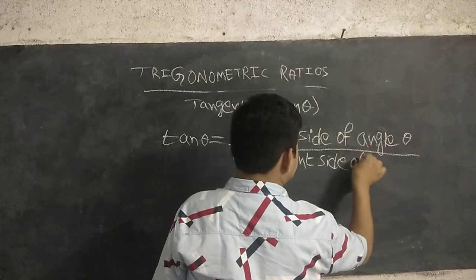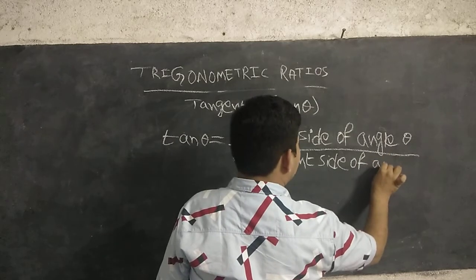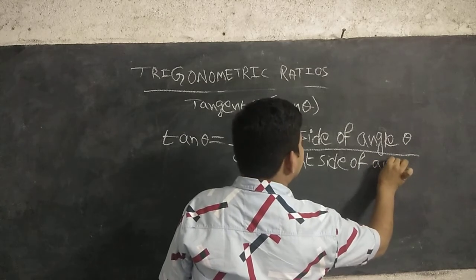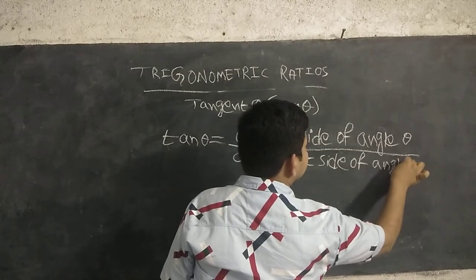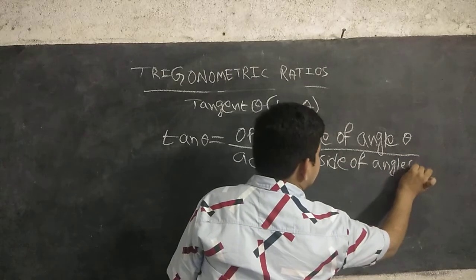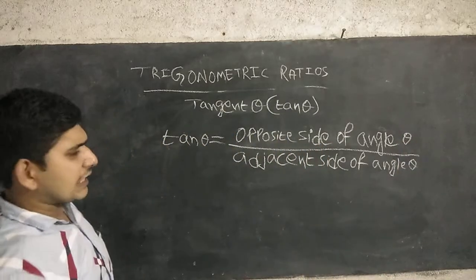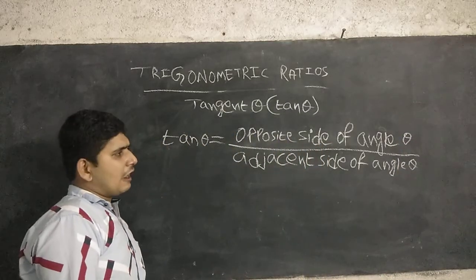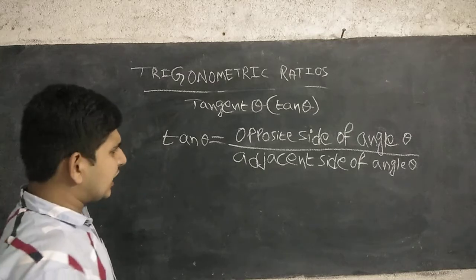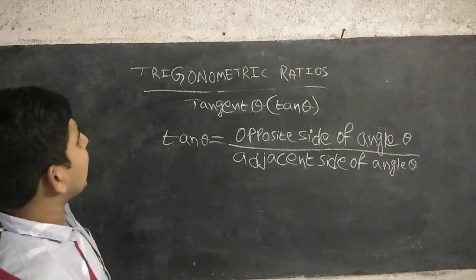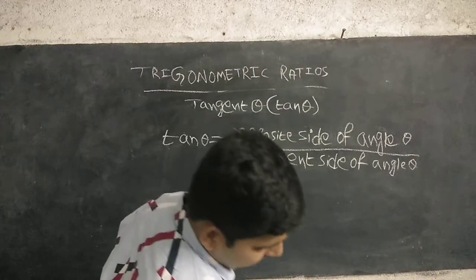Simple. Opposite side by adjacent side is known as tan theta. Now let us take one example.